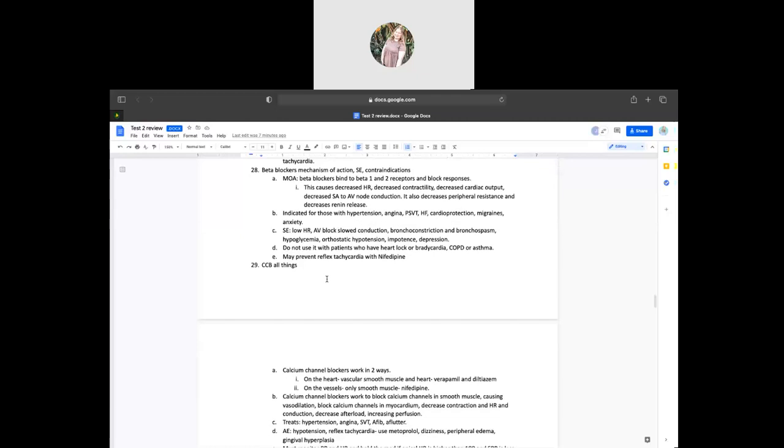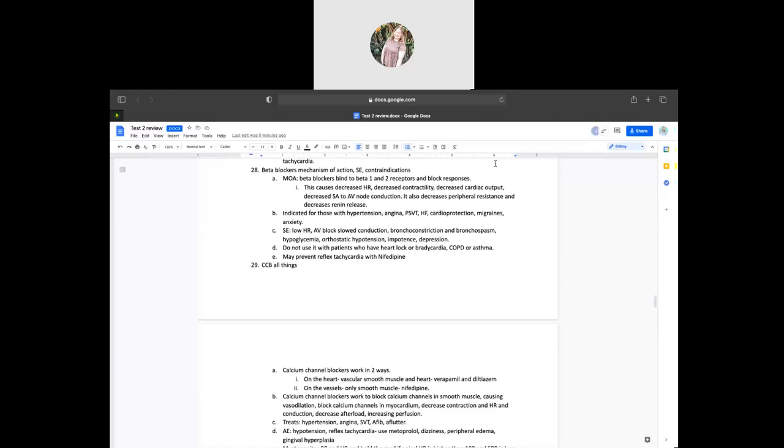Now, since we've mentioned both beta blockers and calcium channel blockers, we're going to go into a little bit more detail about them. Beta blockers bind to beta 1 and beta 2 receptors and block their responses. Because of that block, it will cause decreased heart rate, decreased contractility, decreased cardiac output, decreased SA to AV node conduction.